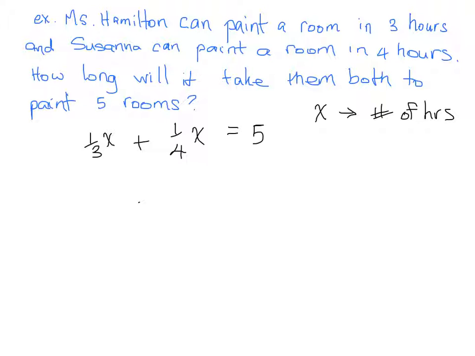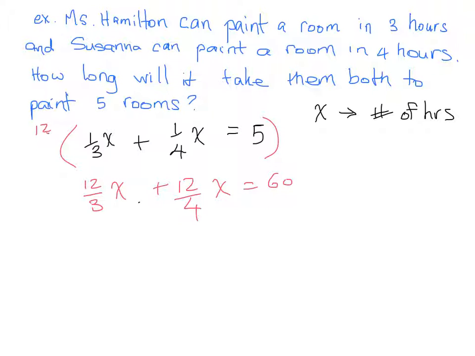All right, so now we go ahead and solve it. We look for the lowest common denominator, which in this case is 12. So we multiply everything by 12, and we get 12 over 3x plus 12 over 4x equals 5 times 12, which is 60.